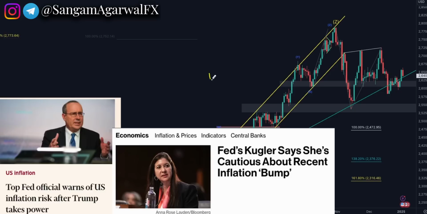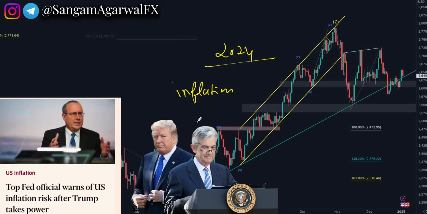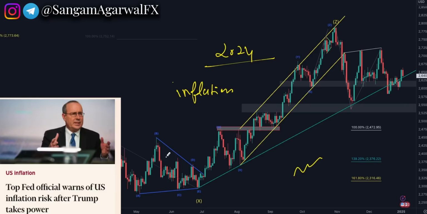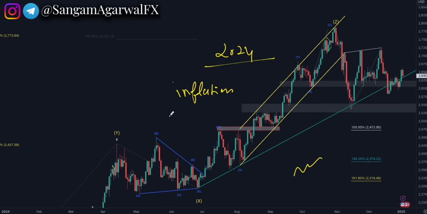So before the crowd says the same thing, or you can say the last year 2024 narrative, the magical word inflation, it can rise again when Trump takes power. FOMC members are already saying inflation is rising, that means bumps in inflation, they are already saying. So currently FOMC members are hawkish, that's why you saw a red candlestick on Friday.